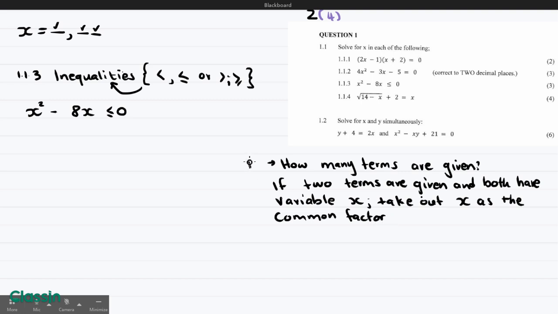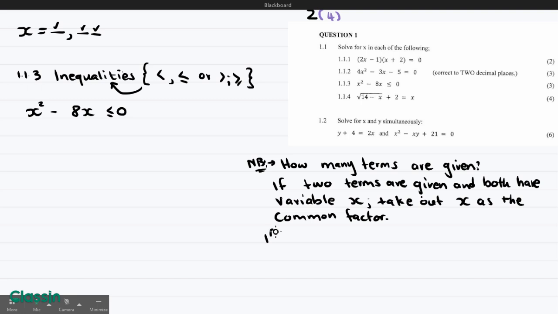Very important. Now we need to ask ourselves, how many terms are given? If two terms are given and both have variable x, take out x as the common factor.